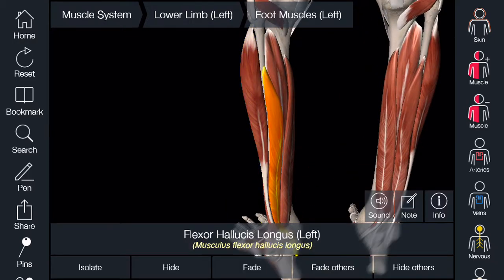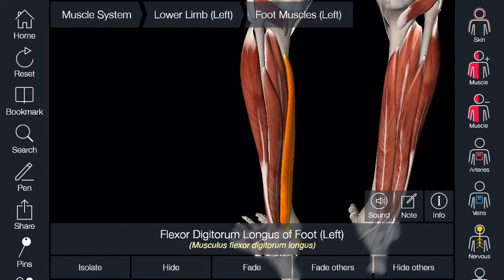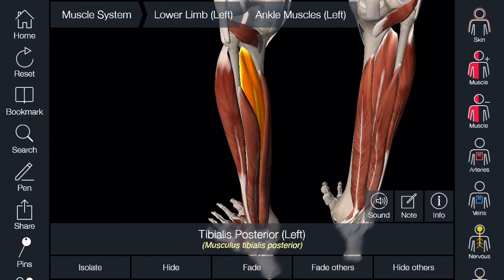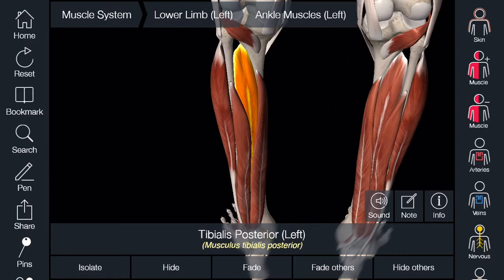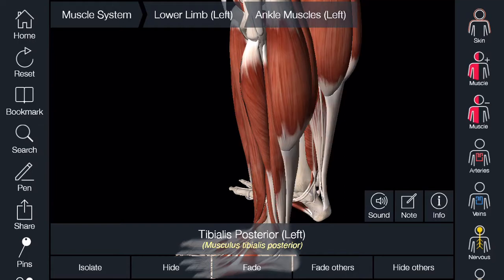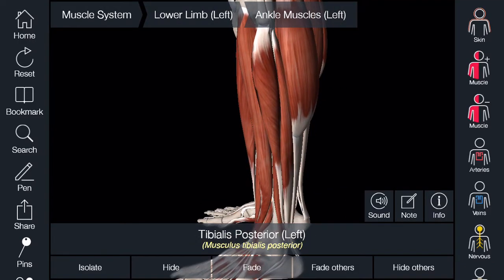Tibialis posterior. Hey, we found the tibialis posterior. It's all the way in the back, really, really deep, under all the other muscles. The fibularis group are the muscles that enable plantar flexion.